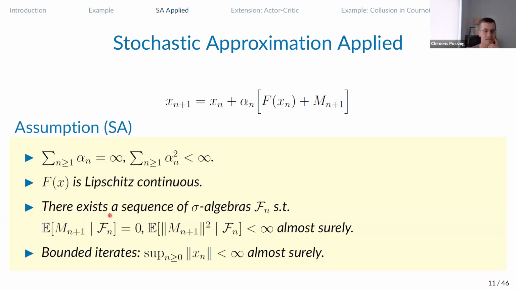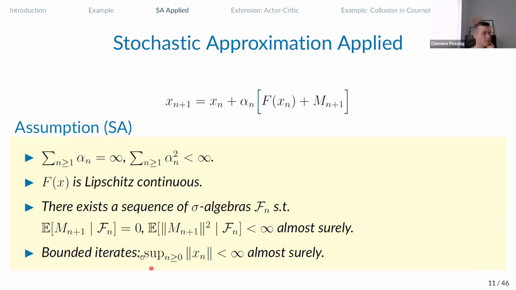So we're saying there exists a sequence of sigma algebras, which you can think of as the information accrued by the algorithm over time, such that given those sigma algebras, Mn is a square integrable martingale difference sequence. And finally, we're making this assumption on bounded iterates. And that's a pretty strong assumption in some cases.